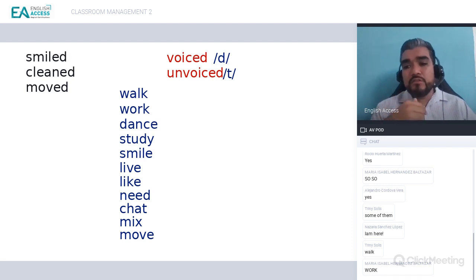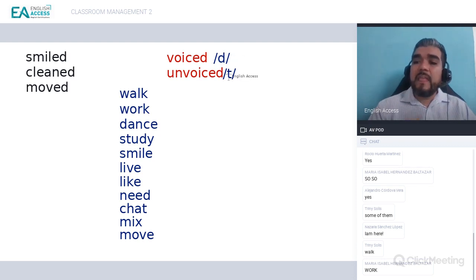Now, I usually tell them, you need to feel your mouth, right? So this is not a letter. This is a sound. Your tongue, you put it behind your upper teeth, and you make your vocal cords vibrate. And with the t, the tongue is in the same place behind your upper teeth.